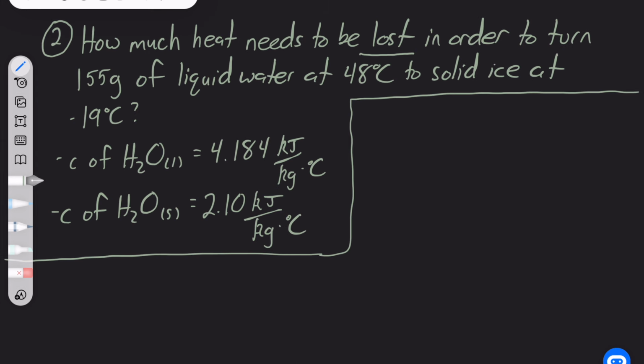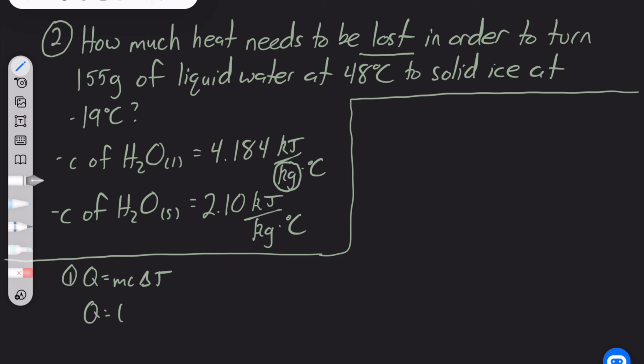So like we were saying in our general heat curve conversation, step 1 is going to be with Q equals mc delta T to calculate the amount of heat lost as the water in liquid form goes from 48 degrees Celsius down to 0 degrees Celsius. So Q is equal to our mass, which is going to be 155 grams, but again, I am going to convert to kilograms because that is what is found in our C value of water as a liquid.